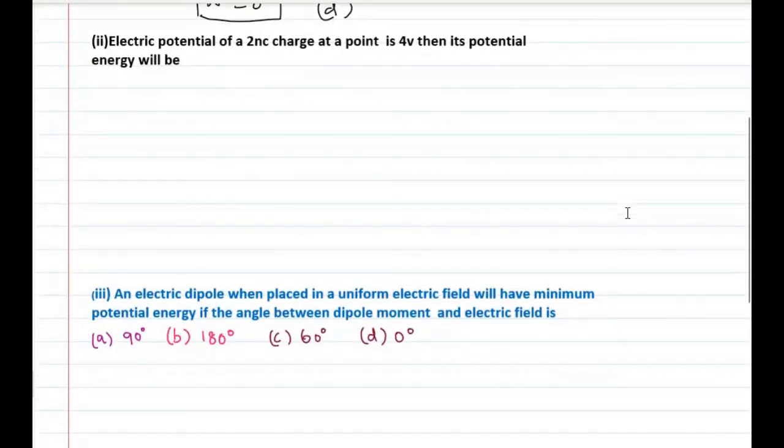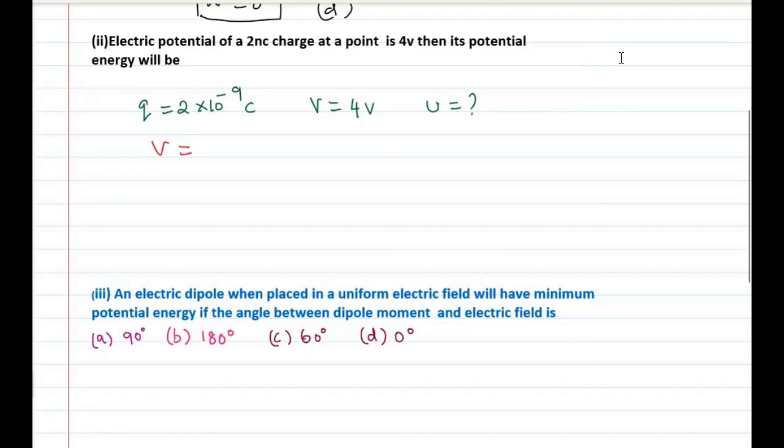Okay, next: the electric potential of a 2 nanocoulomb charge, where nano is 10 to the power of minus 9 coulomb, at a point is 4 volts. So the potential is equal to 4 volt. You have to find out what the potential energy could be.